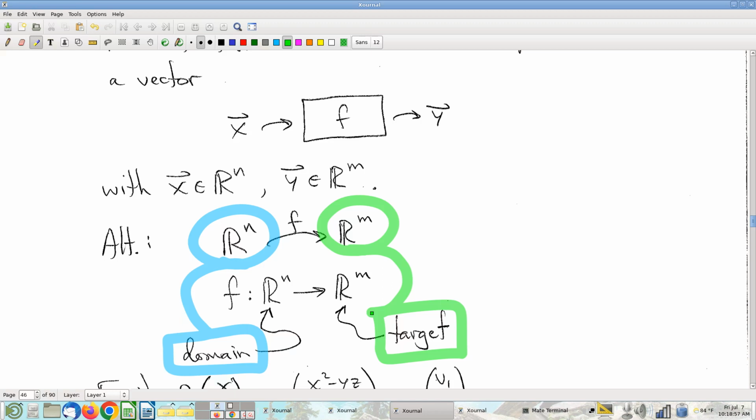Now, there's other terminology out there. Sometimes this thing here that I call the target is in some books called the range. I really don't like that term. The reason is that the word range gets used to mean something very closely related but importantly different in different textbooks.